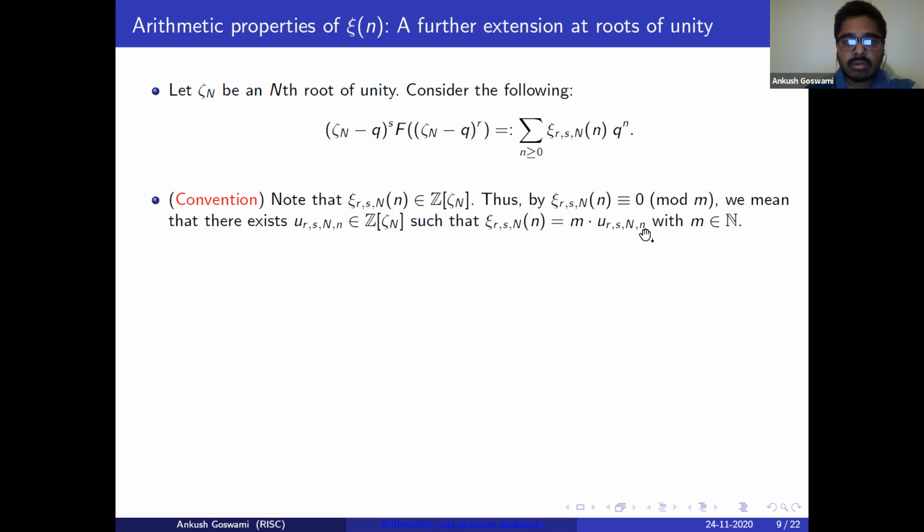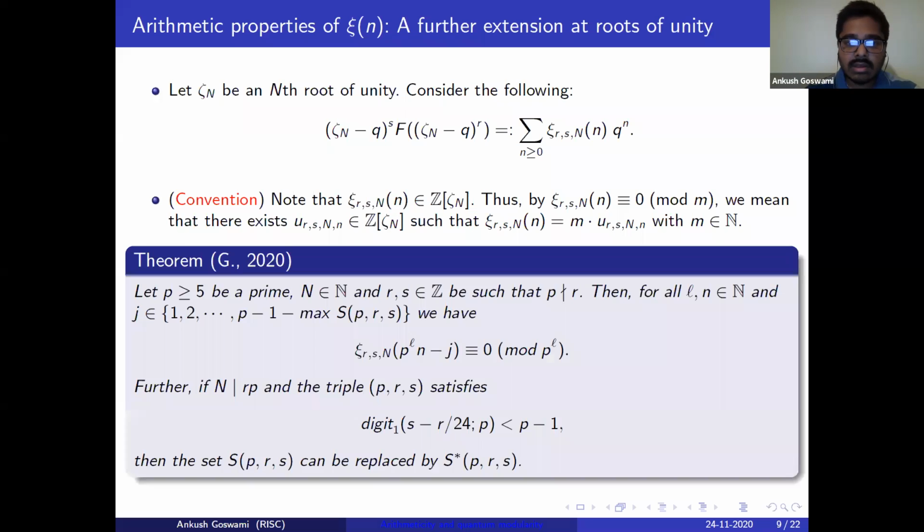Okay, so with this convention, I can now state the theorem. It states that if p is a prime bigger than or equal to 5, and n is a natural number, and r and s are integers such that p does not divide r. These assumptions are almost the same as what we have in Straub's theorem or Garvin's theorem.